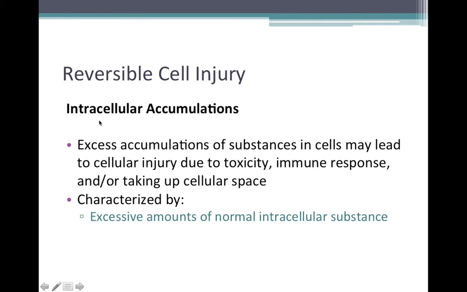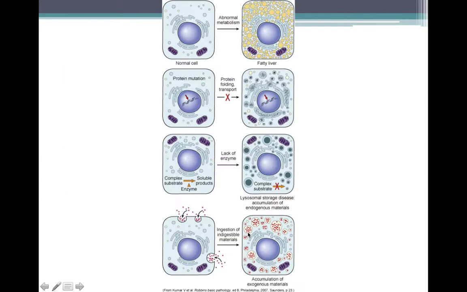Now, these intracellular accumulations are really characterized by excessive amounts of normal intracellular substances. So some examples of things that might accumulate in excess could be things like fatty acids in liver cells, maybe misfolded proteins in different types of cells, or accumulations of exogenous material like metals, that kind of thing.